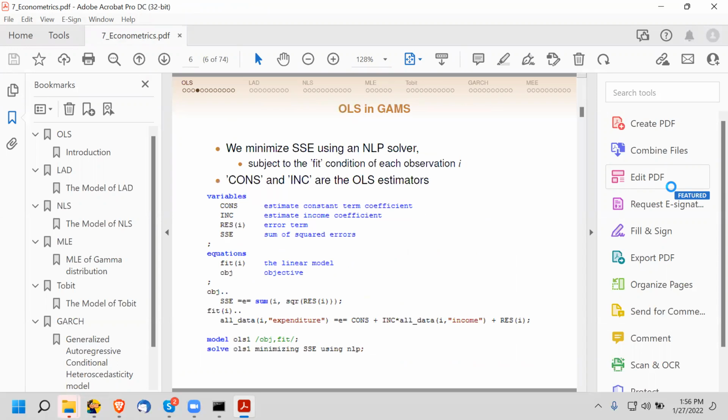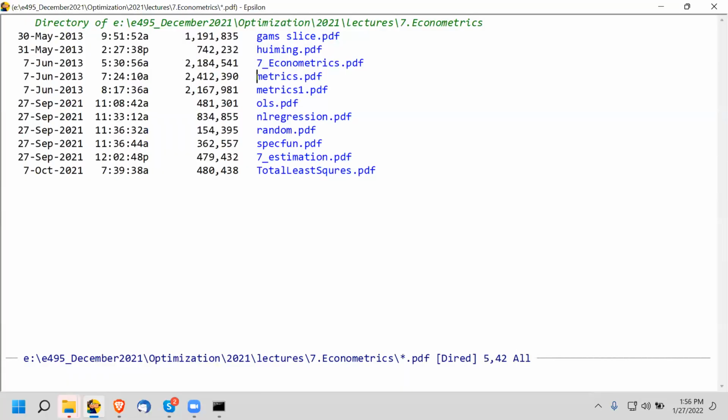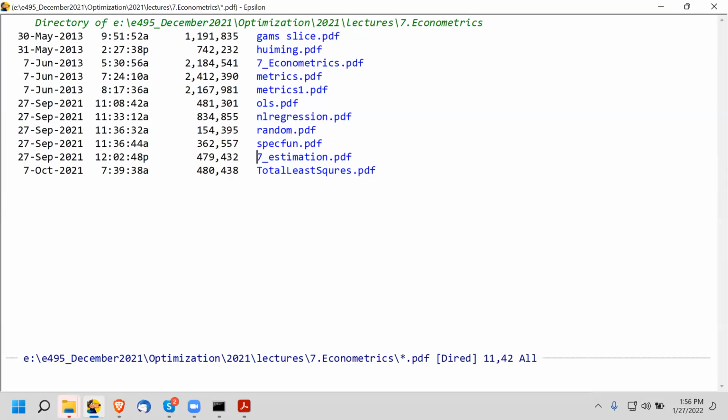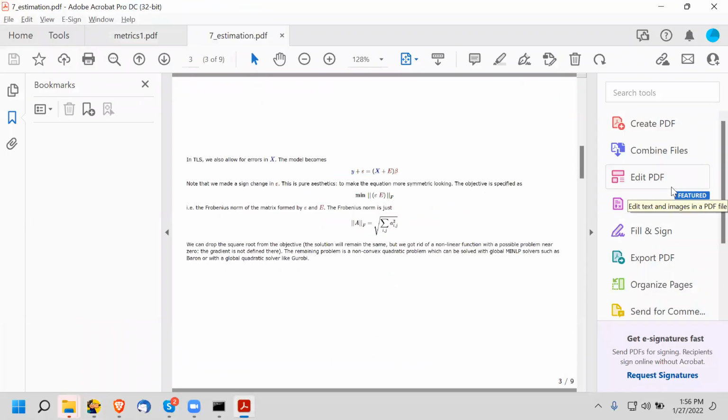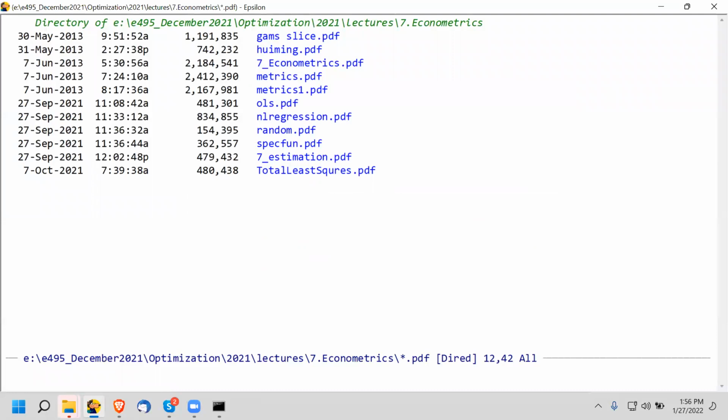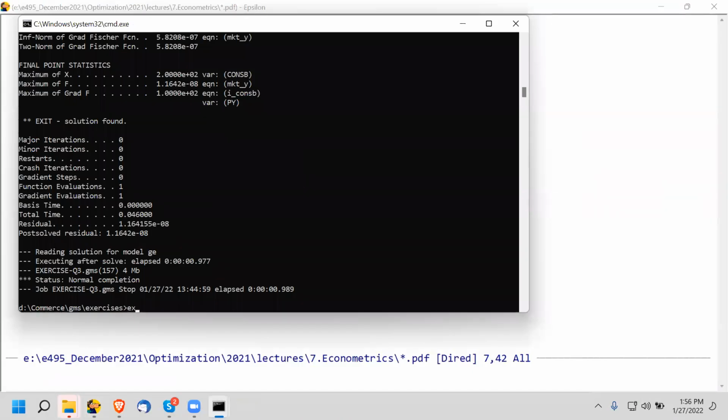These are some notes on using GAMS to solve these least squares problems. Let me just see if I got this guy. Least squares matrix. What I did with this paper. Anyway, I won't worry about it.